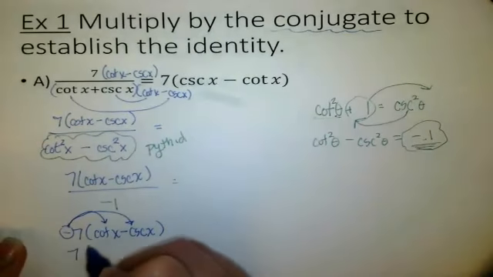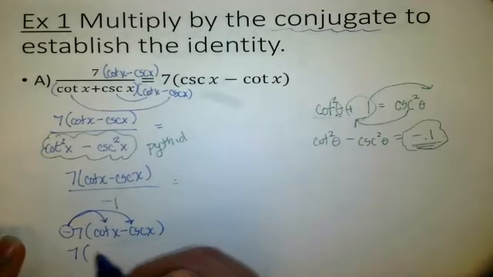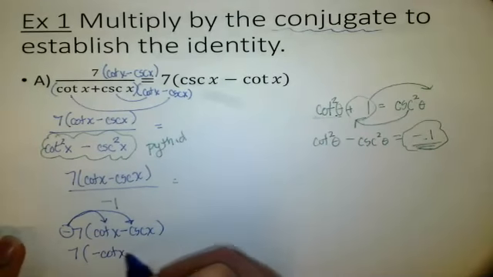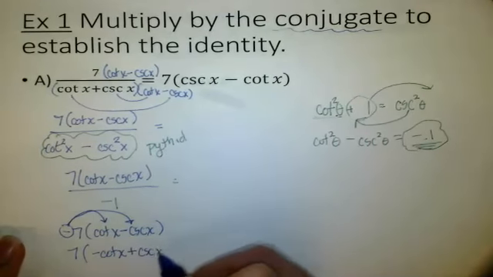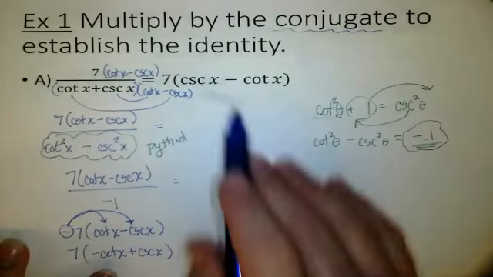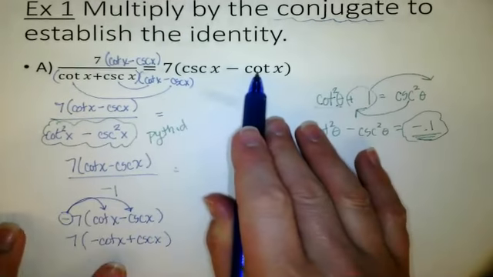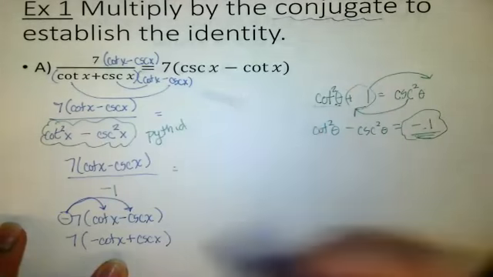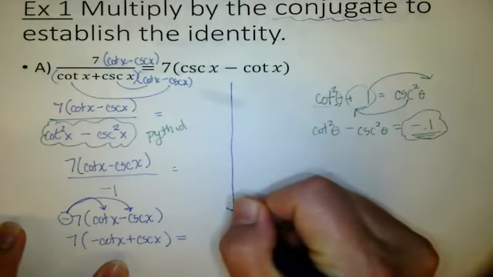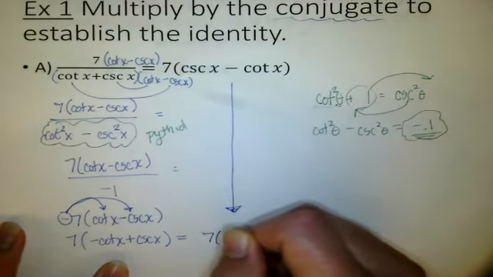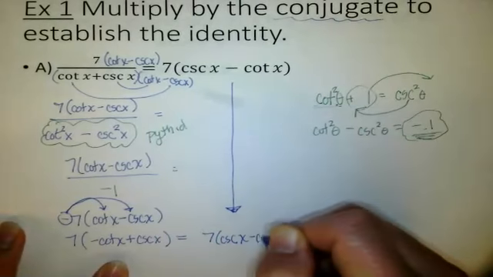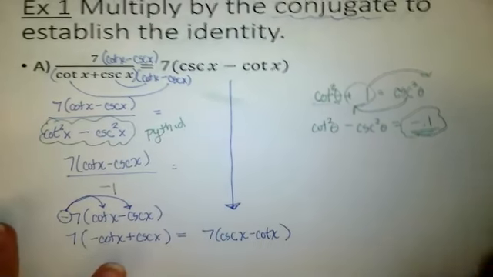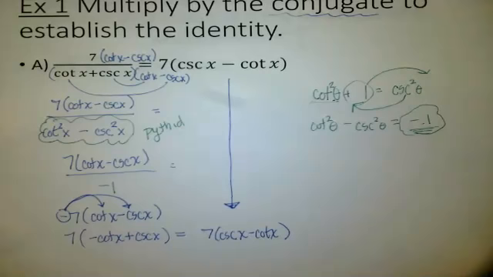If I leave the 7 and I just distribute the negative, that gives me negative cotangent of x plus cosecant of x. Now, is that what we have here? Yes, it is. All right, and so those are identical. We could leave it like that if we wanted to. Cosecant of x minus cotangent of x. So that's one way you could do that.